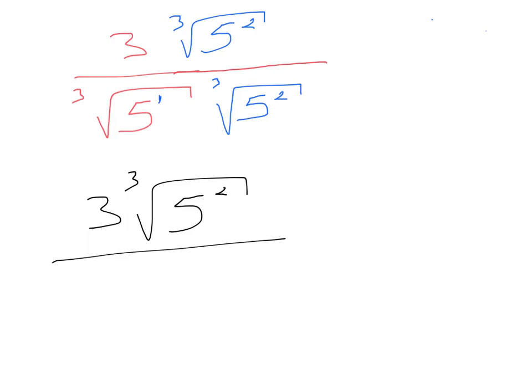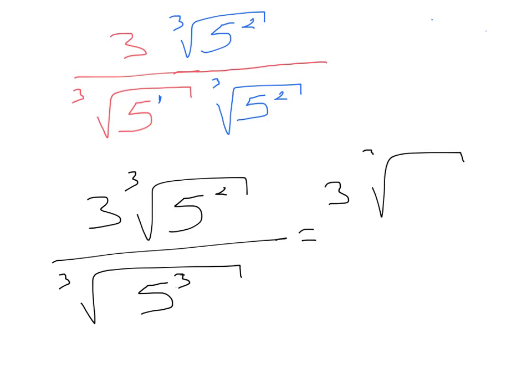Now 5 power 1 times 5 squared is going to be 5 power 1 plus 2, which is 5 cubed. So that's going to be 3 times the third root of 5 squared over 5.